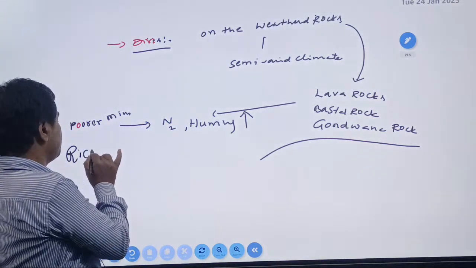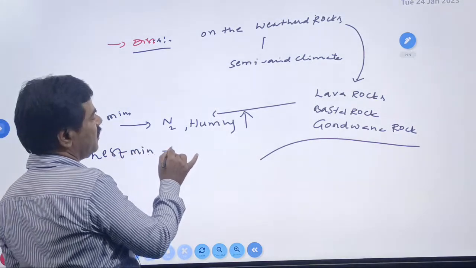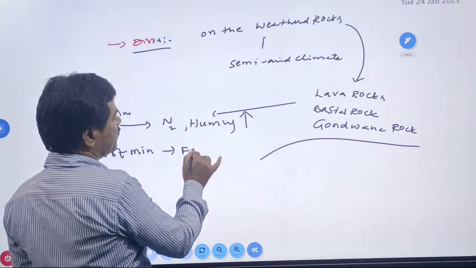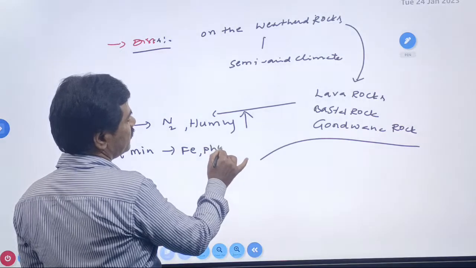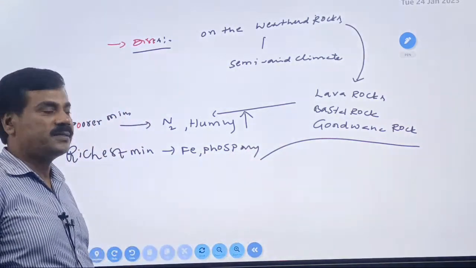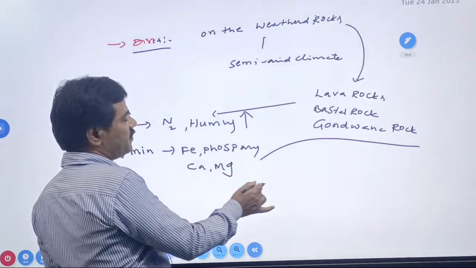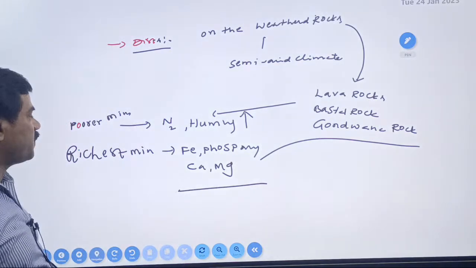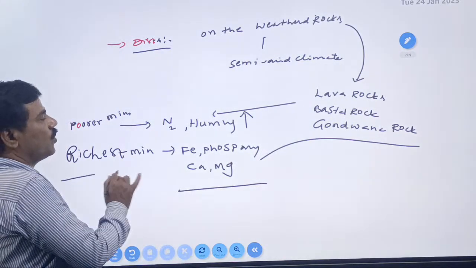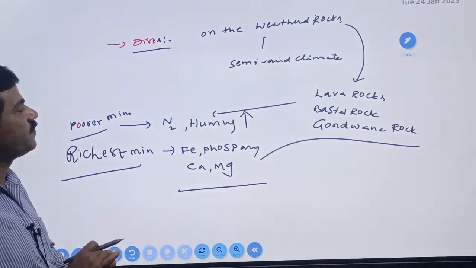The richer minerals are ferrous, phosphorus, calcium, magnesium. Like this, the mineral percentage is more compared to the above minerals.